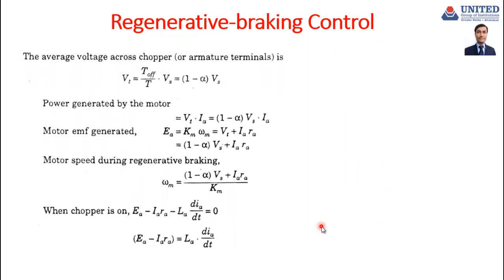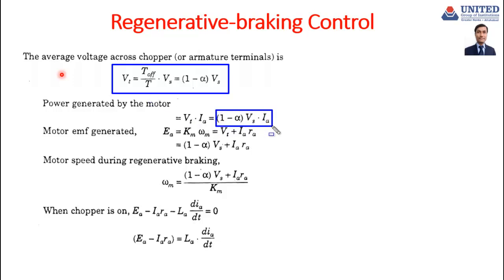Now from the waveform, the average voltage across the chopper can be obtained, which is given by Vt is equal to T off upon T into Vs. In terms of duty cycle, this Vt will be equal to 1 minus alpha into Vs. Now power generated by the motor will be equal to Vt into Ia. By putting this value, we get 1 minus alpha into Vs into Ia.